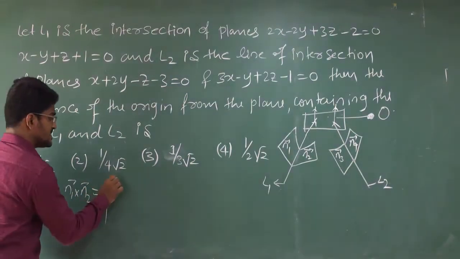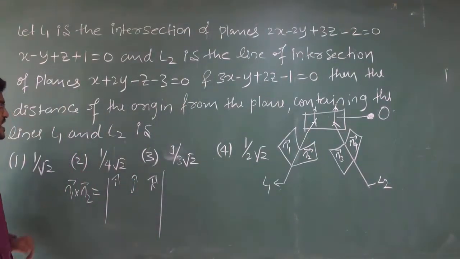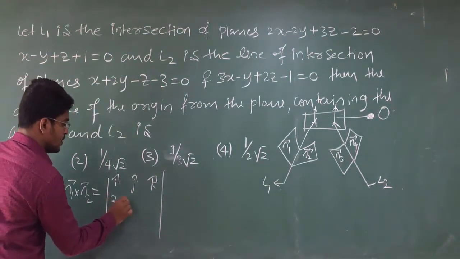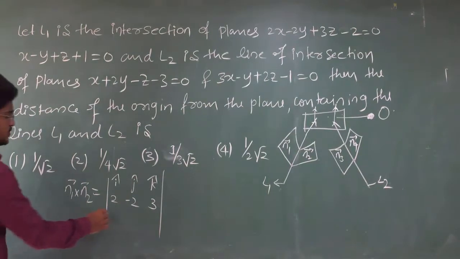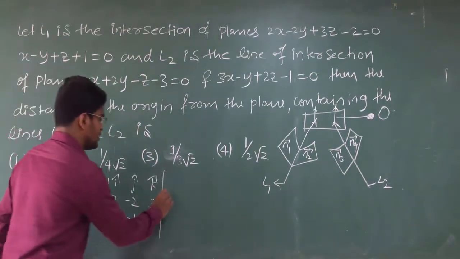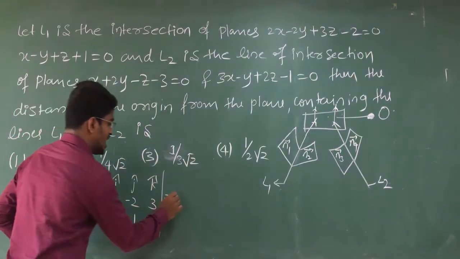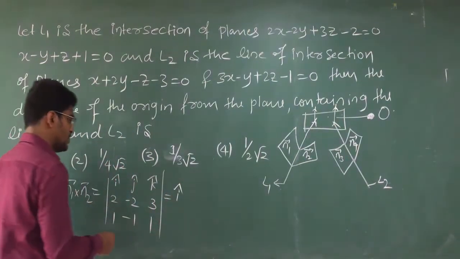So that is i cap, j cap, k cap. What is n1? n1 is (2, −2, 3). n2 is (1, −1, 1). Clear? So if I take the determinant, −2 plus 3 will be 1 i cap.